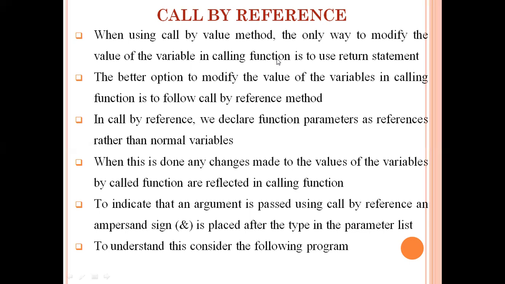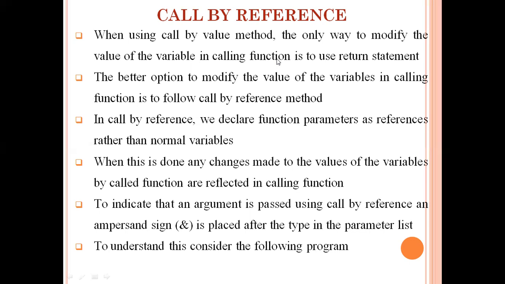In such a case, all the modifications or changes done by the called function are not reflected in the calling function. That is, they will be reflected only in the called function, not in the calling function. This is the major drawback associated with call by value.